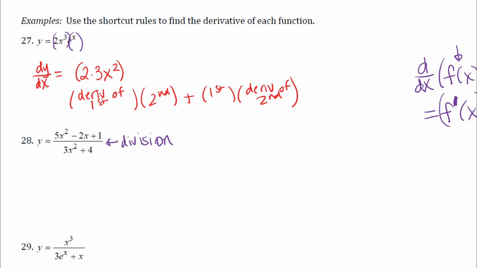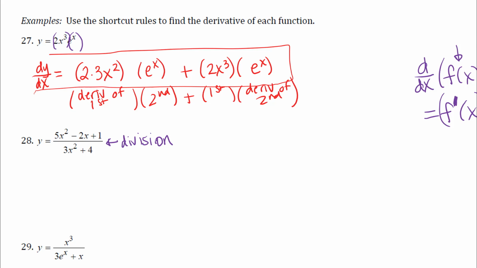So derivative of the first function times the second function is e to the x, then plus the first function, 2x cubed, times the derivative of the second function. So derivative of e to the x is also just e to the x. That's that special function that's its own derivative. All right, so at that point I have the derivative, dy dx. That's what I was asked to find.